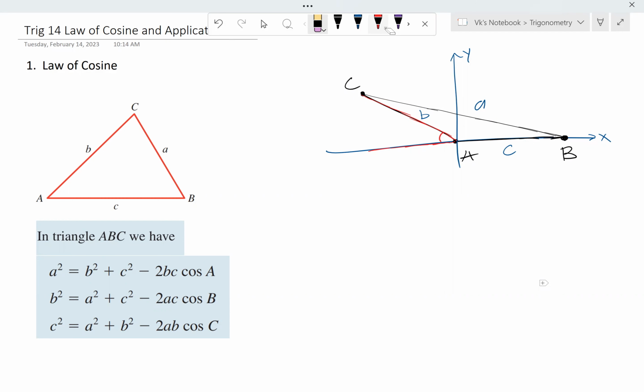To prove one of the law of cosine, let's take a look at the triangle on the right side. In the middle of the x, y coordinate, what we are interested in is the triangle. This one.